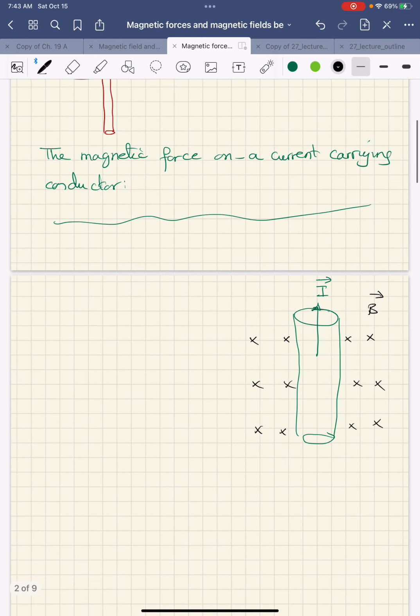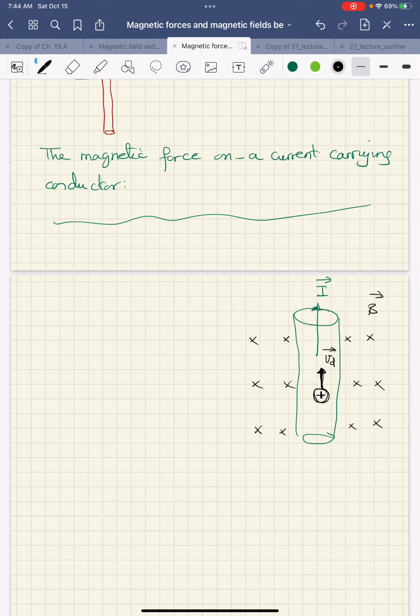And here we are going to find what's the meaning of having a current. It has inside charges, and these charges are going to move with a drift velocity vd, the drift velocity.